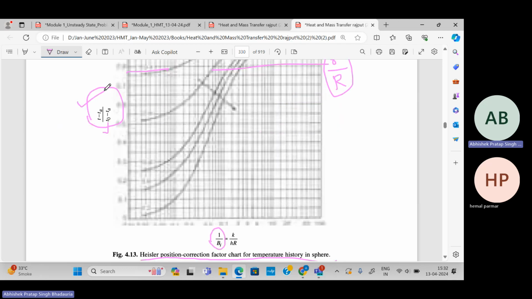We know T, Ta, T naught and Ta. In this way we can find the solution, so you just find the answers.